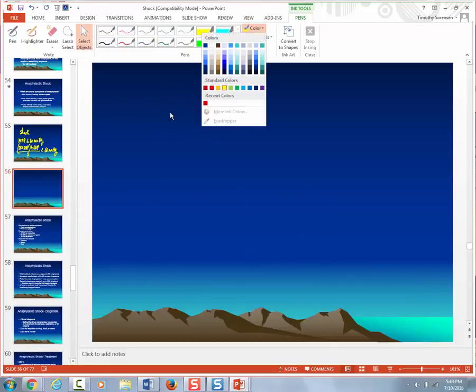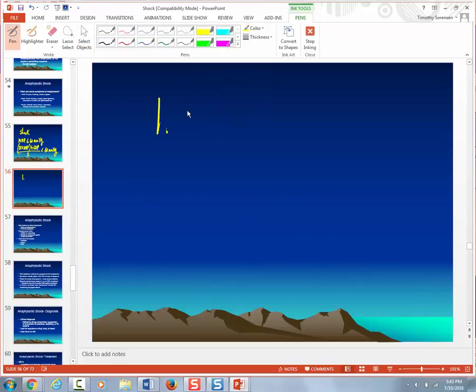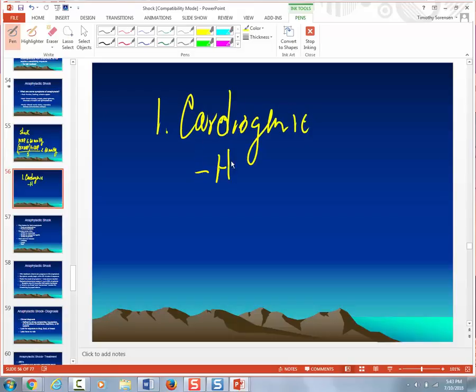I'll give you a quick overview. Number one, cardiogenic. Cardiogenic shock is where the heart fails as a pump. Right? Cardio, genic, originating. The heart fails as a pump.